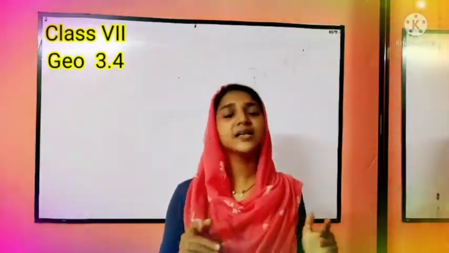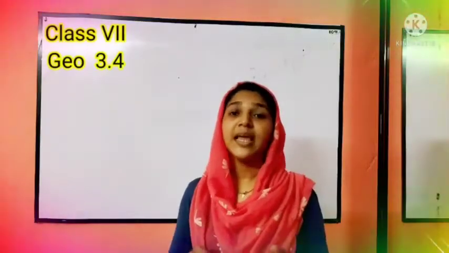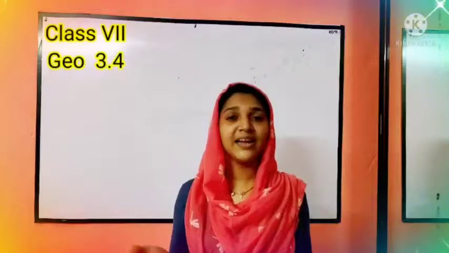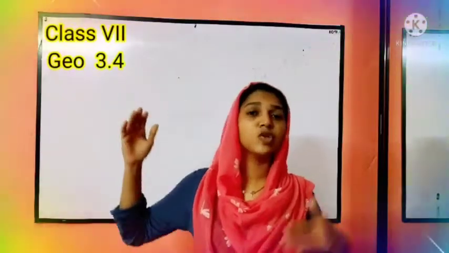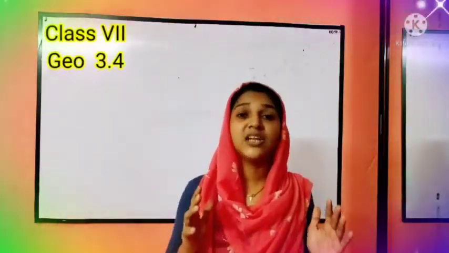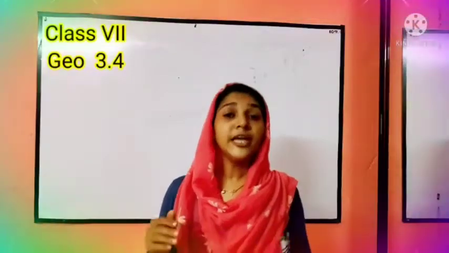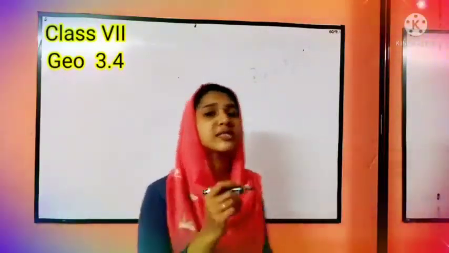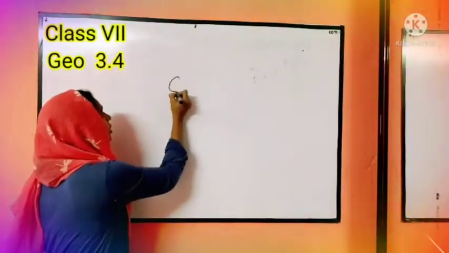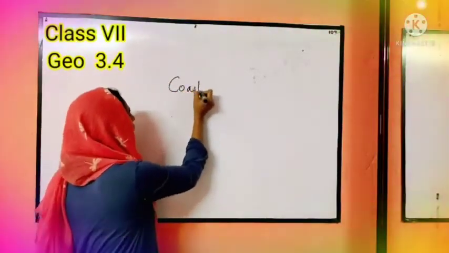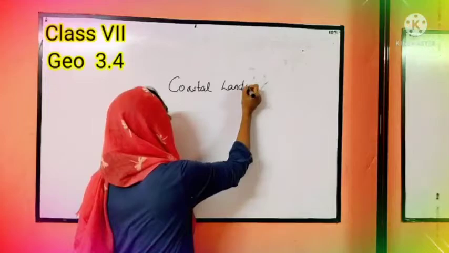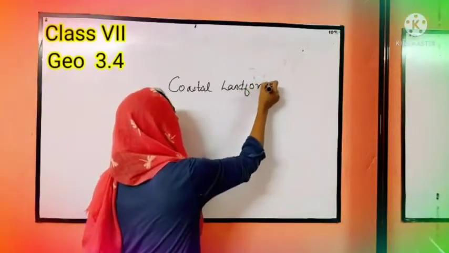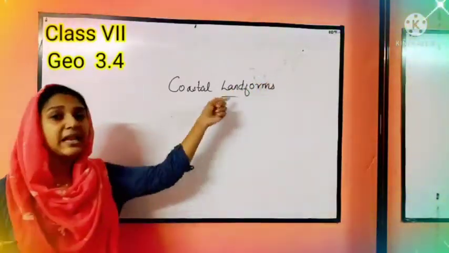In the last class, we discussed the landforms created by the running river. From the birth to the end, it creates different landforms. In today's class, we are going to study coastal landforms.